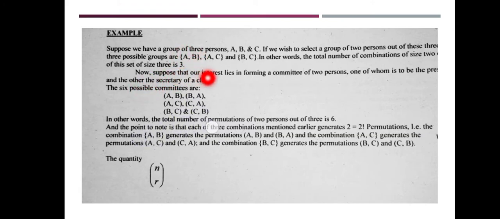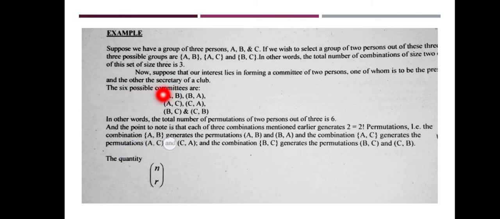Now suppose that our interest lies in forming a committee of 2 persons, one of whom is to be president and the other secretary of a club. Previously we were selecting 2 persons randomly out of the 3 persons. Now we are considering that the first person should be president and the other person should be secretary.